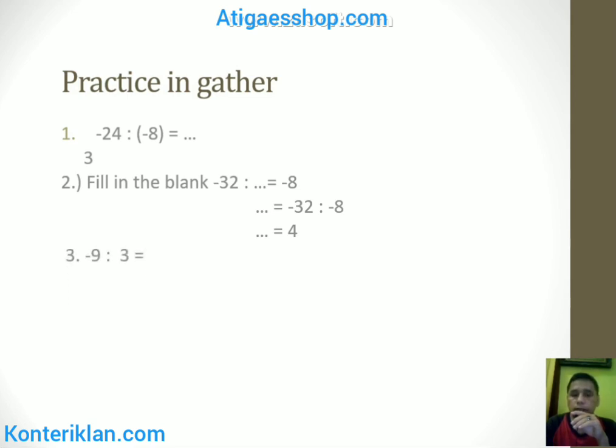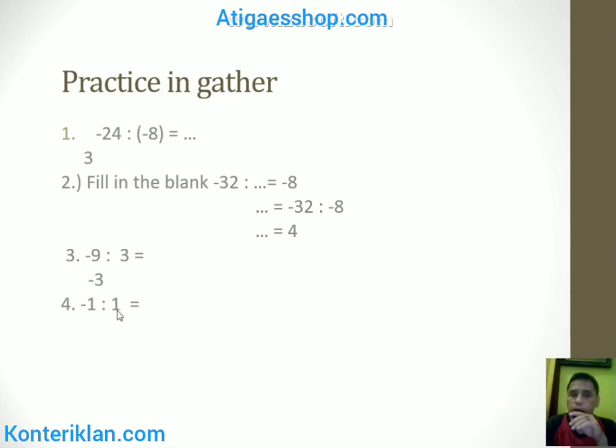Number 3, negative 9 is divided by 3. Have a look at this one. This is negative meets positive. The result should be negative. So negative 9 divided by 3 equals negative 3. Yes, you are correct. And number 4, negative 1 is divided by 1. As we know, if negative meets positive, it should be negative.